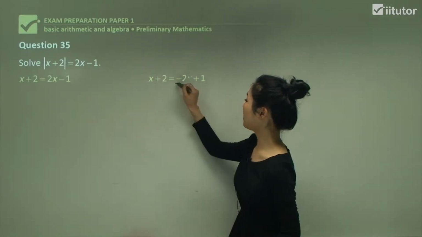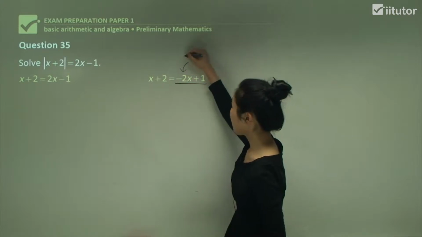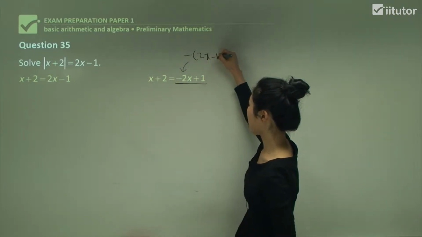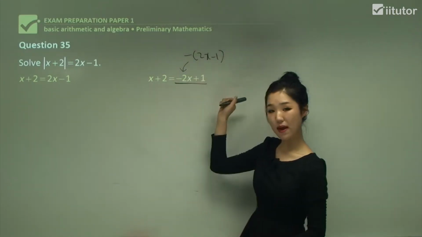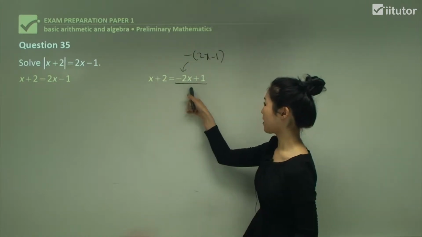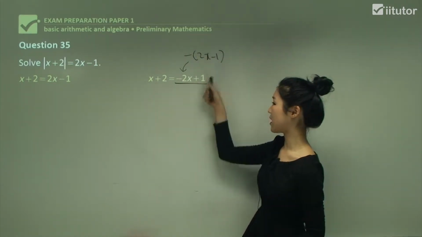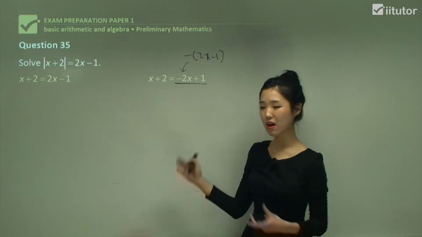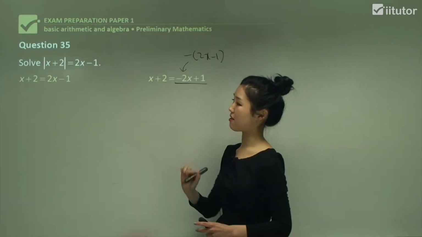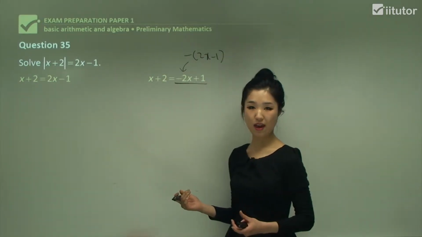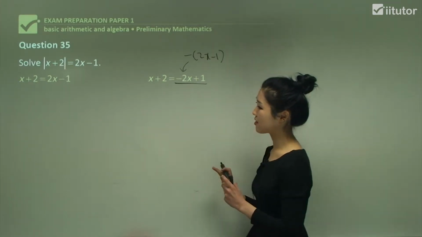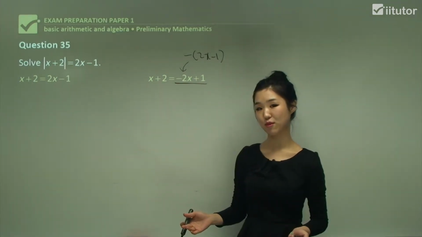But this one here comes from negative 2x minus 1, which, if I expand out the brackets, I'll have negative 2x plus 1, because negative makes a positive. So that's how I get two equations out of that single equation. Because of the absolute bars, and you can see now I've eliminated the absolute bars.